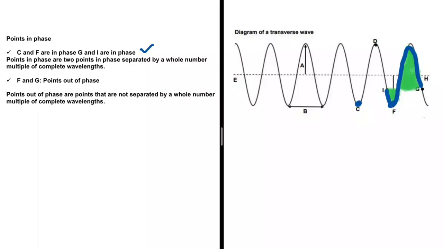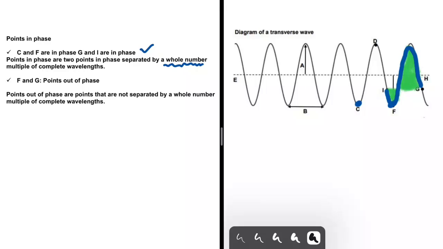But what does the definition say? The definition says that points are in phase if those 2 points are separated by a whole number multiple of complete wavelengths. 2 points are in phase if they are separated by a whole number multiple of complete wavelengths.